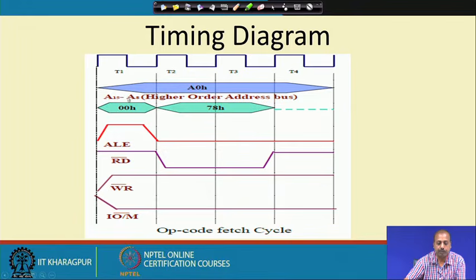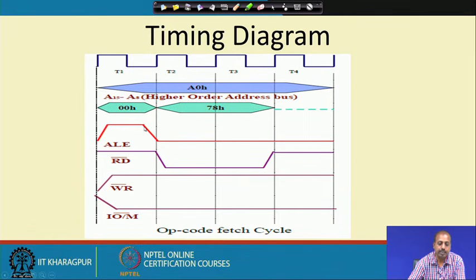The A15 to A8 higher order address bus contains the higher order part of the address, that is A0, and the lower order address part A0 to A7 is contained in the lower order address bus cum data bus. That is 00 hex, and when this lower order address is available on the lower order address bus, the ALE signal is activated.